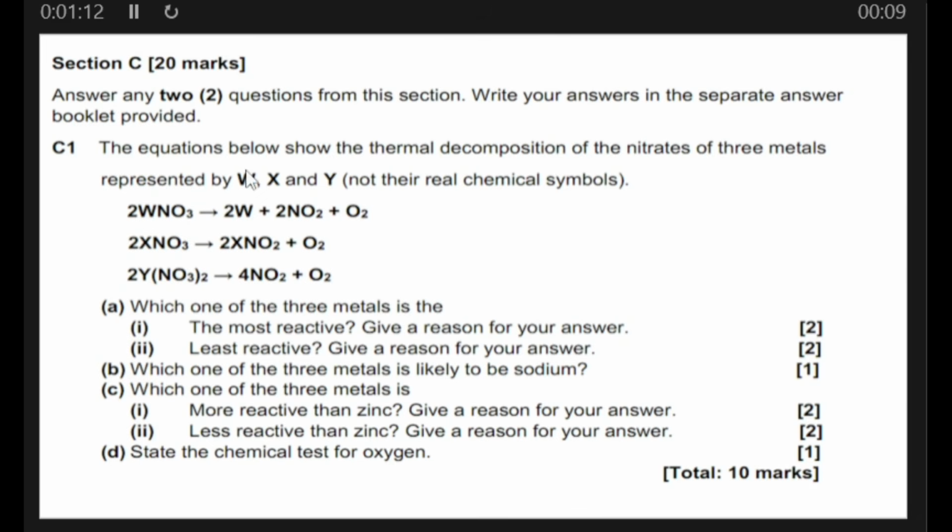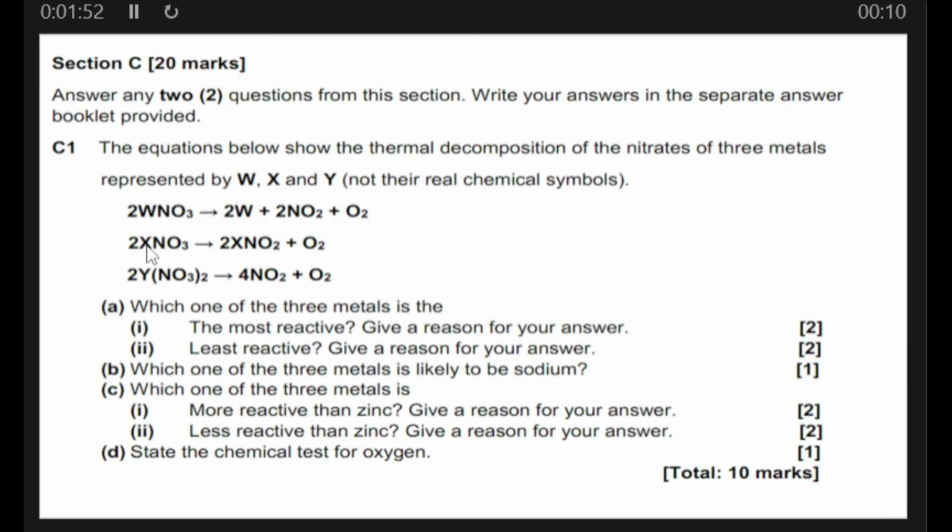Alright, so we are told these equations actually represent thermal decompositions of the nitrates of three metals, W, X, and Y. And we are told these are not actual symbols of the metals, they're just representing. So here we have W nitrate being heated, because thermal decomposition is heating, giving us W the metal plus nitrogen dioxide plus oxygen gas.